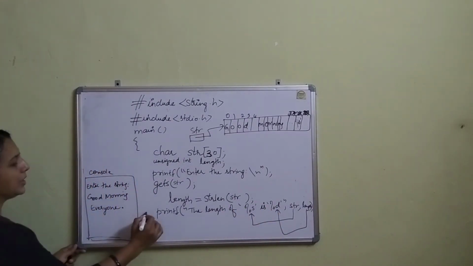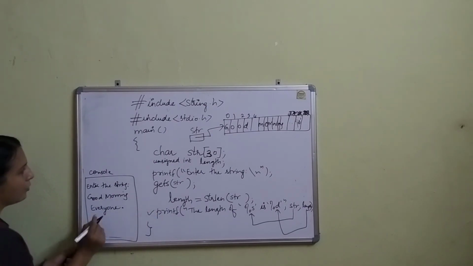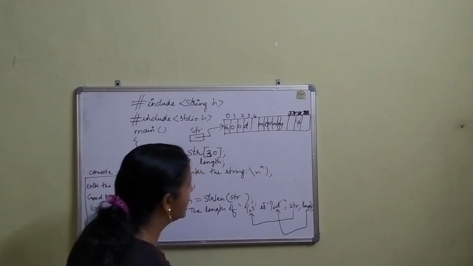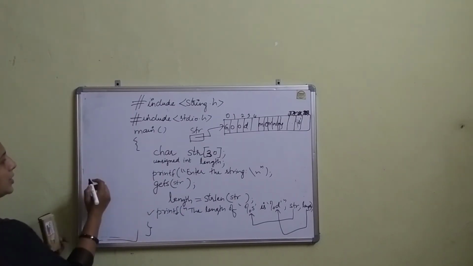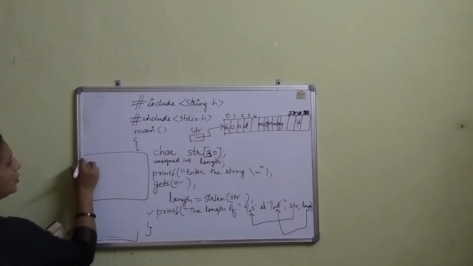When this statement is executed, you will get this on the console. Suppose I am redrawing the console here. What will you get?